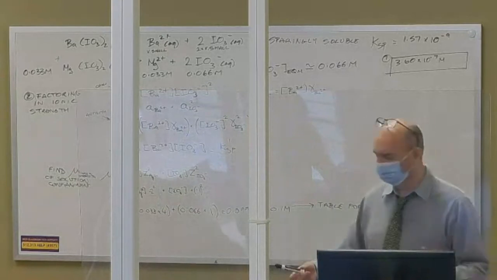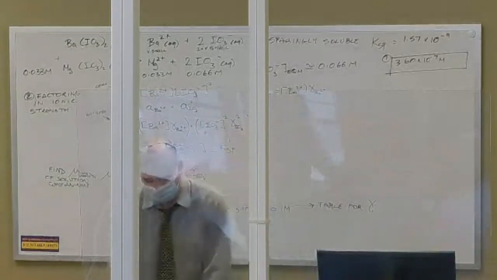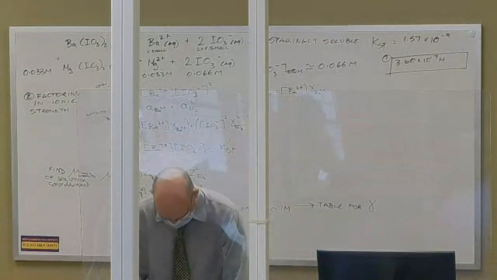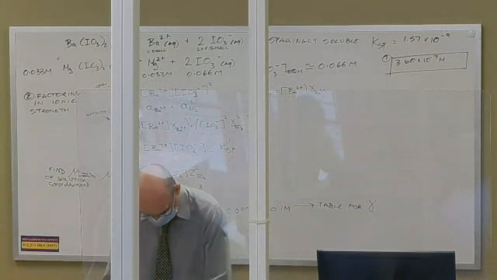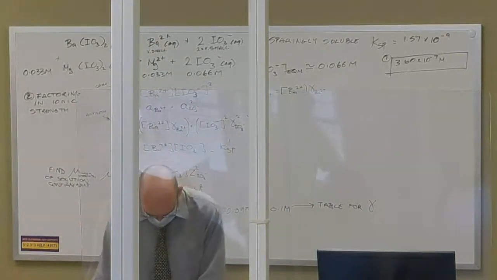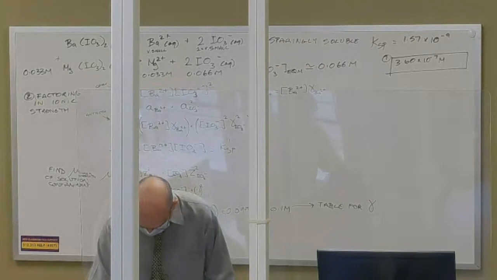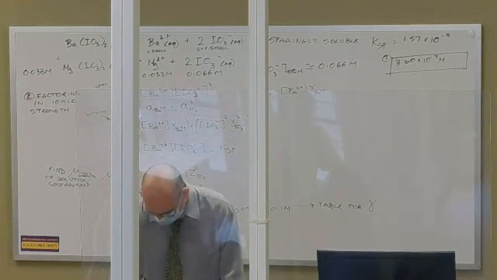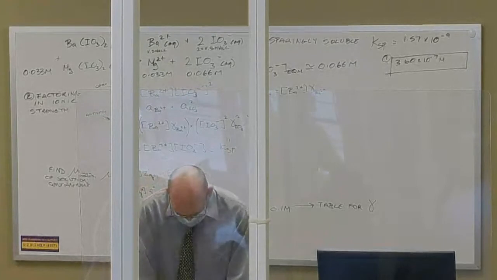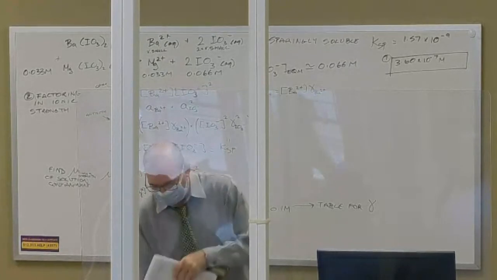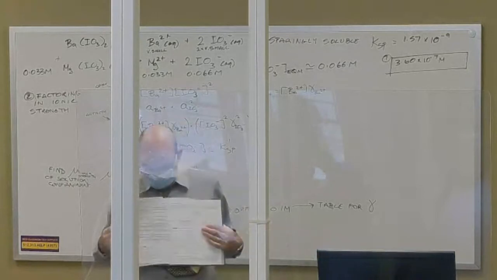I may have marked the page in the book. There you go. Page 166. We've got a table of activity coefficients at room temperature.